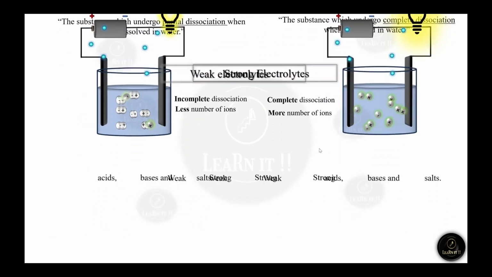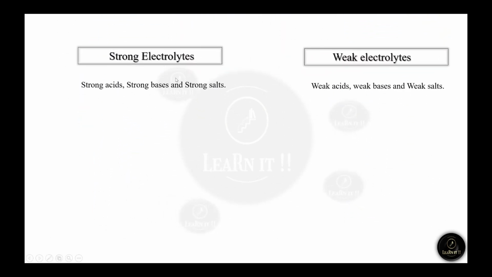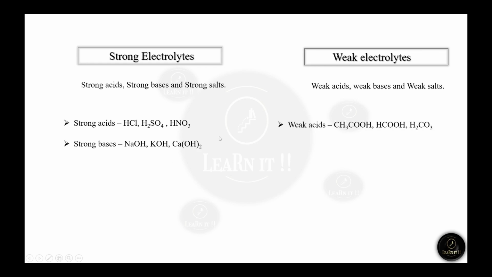Let's look at these examples in detail. First we look at strong electrolytes. Strong electrolytes include strong acids. Examples: hydrochloric acid, sulfuric acid, nitric acid. Strong bases like sodium hydroxide, potassium hydroxide, calcium hydroxide are also strong electrolytes. Next come the weak electrolytes.